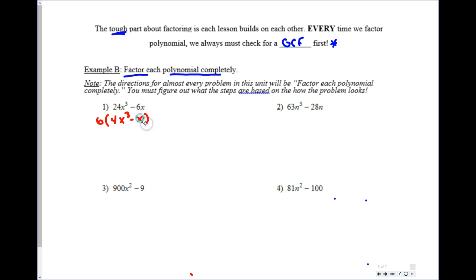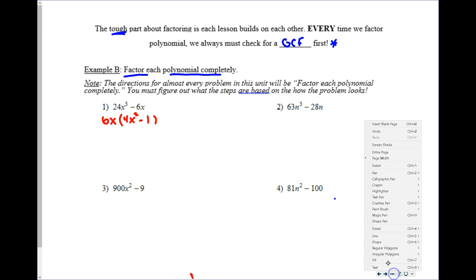Now there's something I forgot here. Is there another factor between these guys they share? Absolutely. Notice they both share an x. So I'm going to go back, and I'm going to realize that my GCF is actually 6x. So when I put back what's left over, I've got 4x squared minus 1.